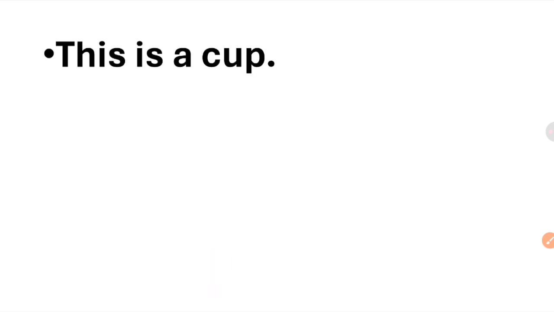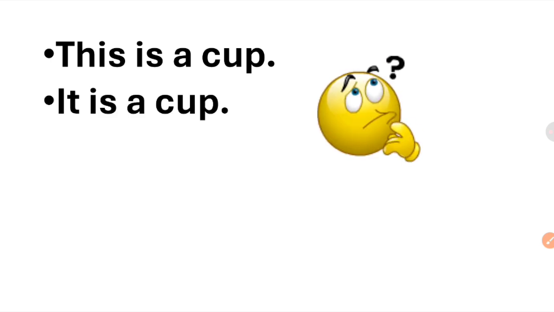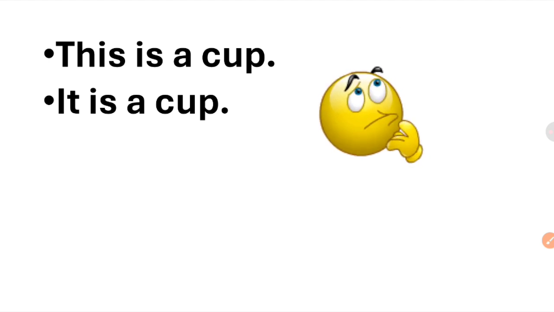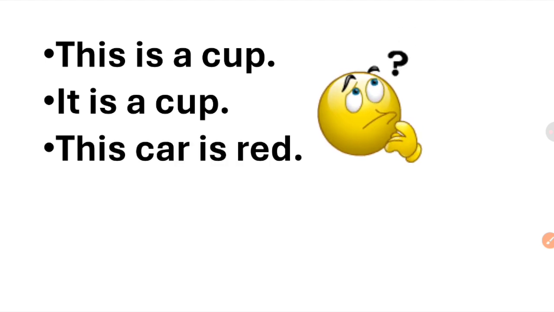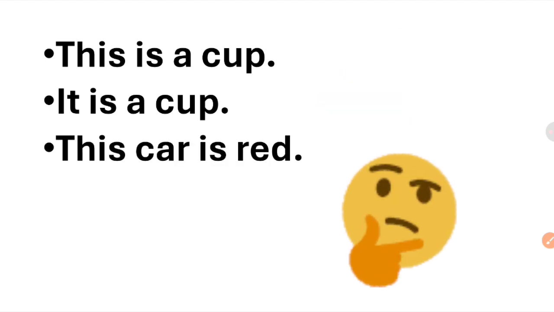So let's start. I am asking you a few questions before starting this topic. This is a cup. Should I say this or it is a cup? So which one is more appropriate? And if I say this is a cup, is it wrong or right? Another example, if I say this car is red, can I say it?